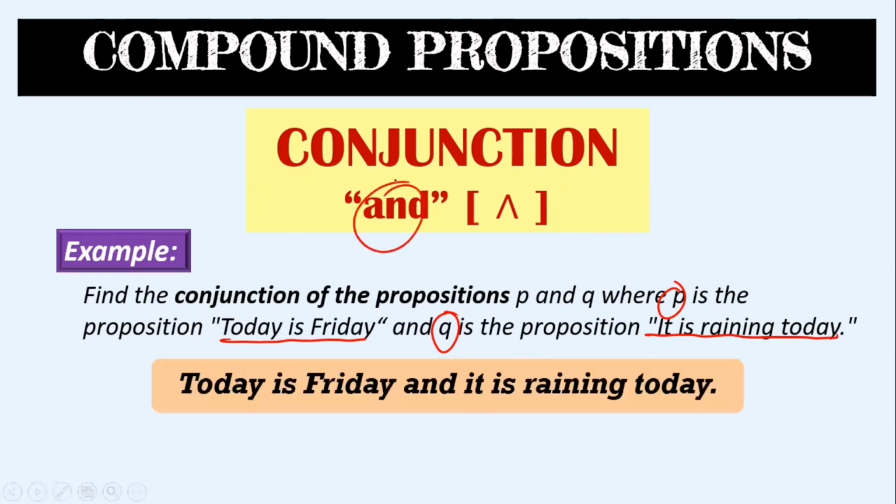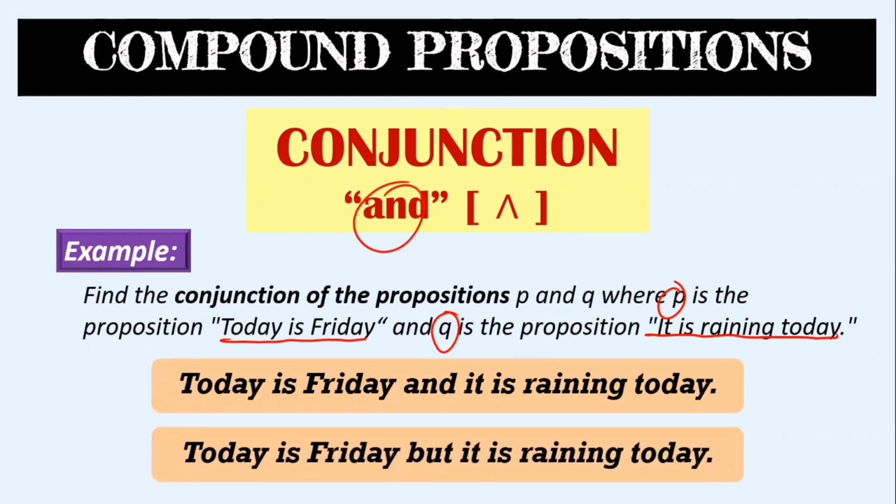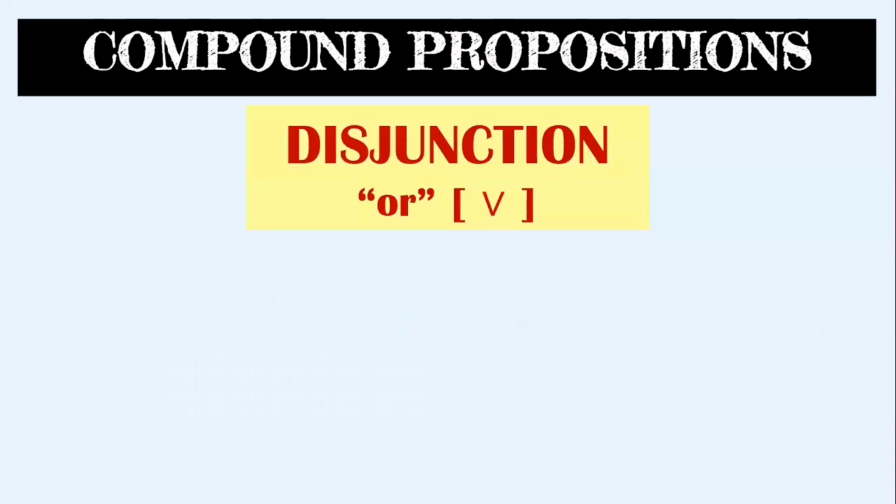So we have, today is Friday and it is raining today. Or we can use the word but instead of and. This proposition is true on rainy Fridays, and false on any day that is not a Friday and on Fridays when it is not raining. Next, we have disjunction.